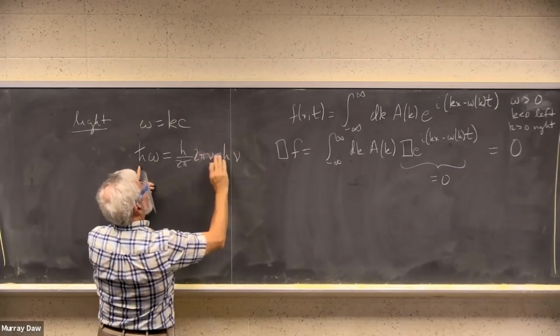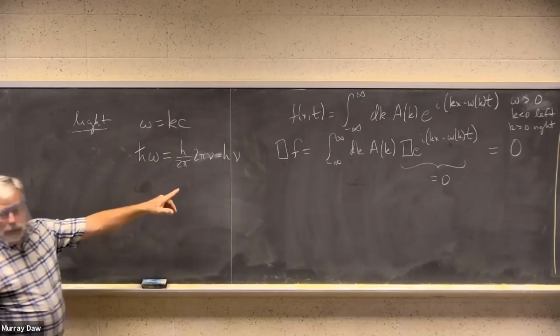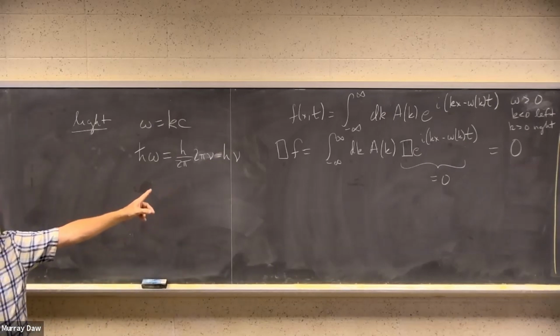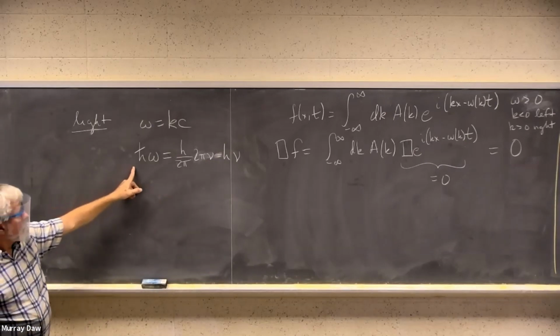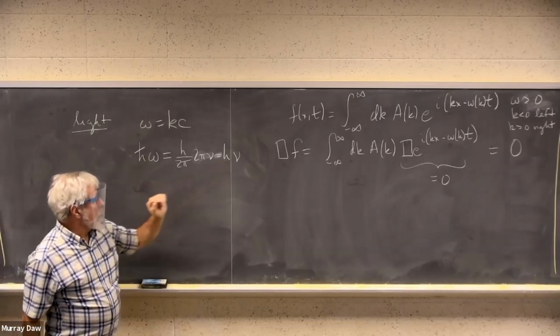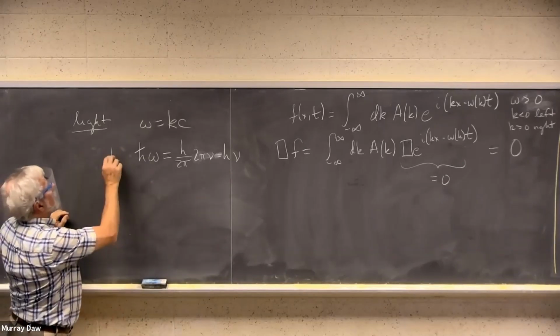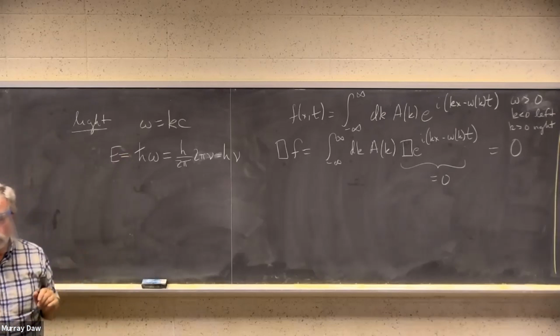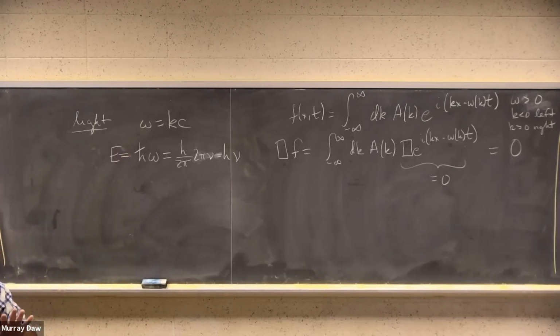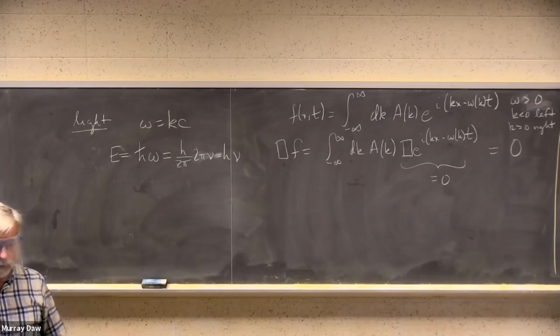So h nu, which you saw in the Planck experiment, the photoelectric experiment, and also the analysis of black body radiation, is the energy associated with the transfer of energy from the light to the electron in the photoelectric effect, and also the black body spectrum.